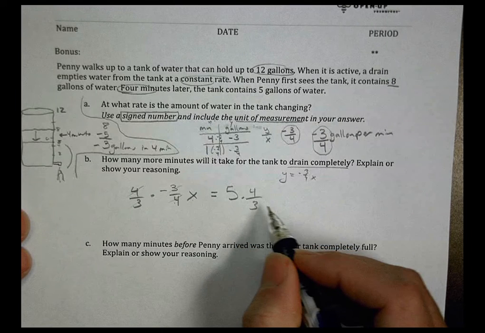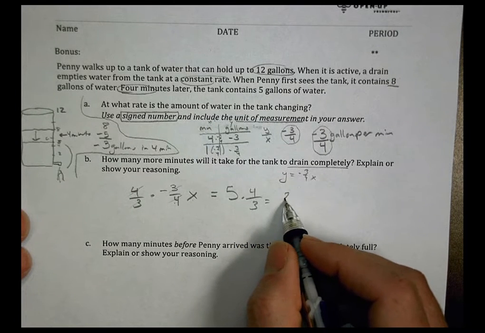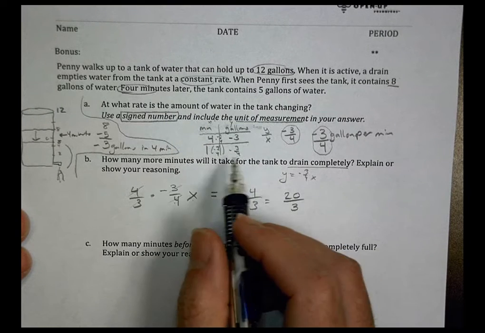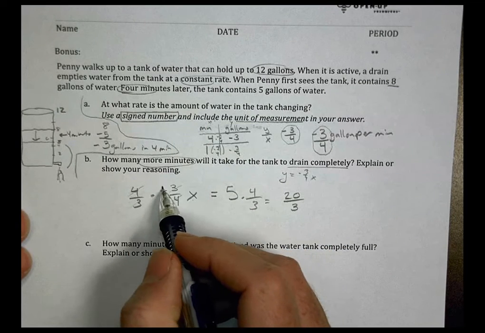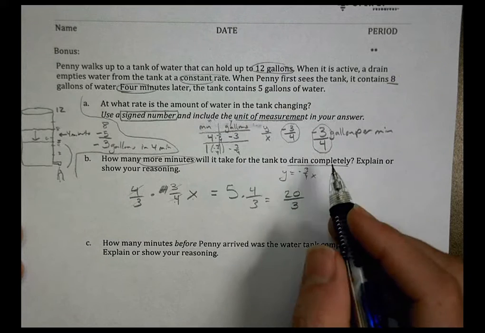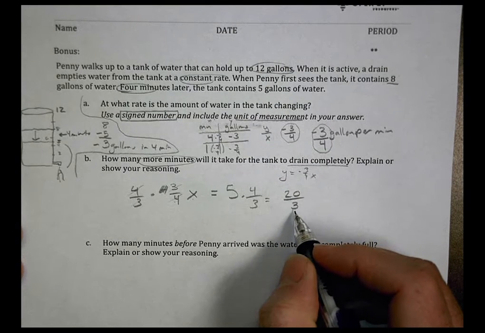Multiply this by 4/3, and I end up with 20 over 3. Because I'm just talking about how many more minutes, I'm not going to worry about the negative number. Time's not going to be negative, so I'm just looking at the rate. And so I know it's going to take me 20/3 of a minute.